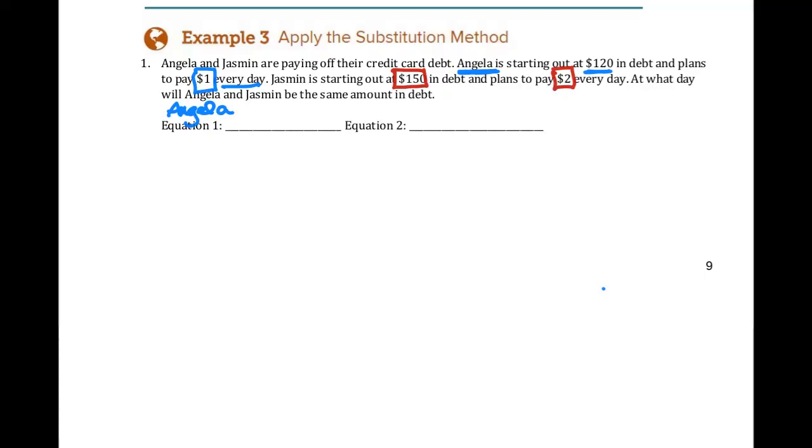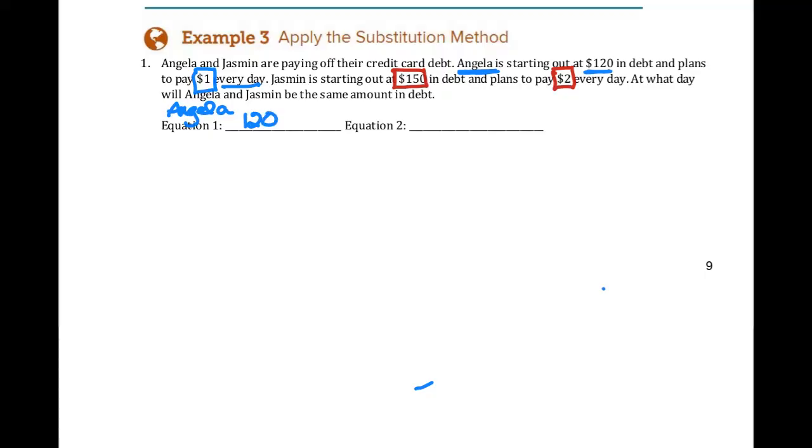So it says Angela is starting out at $120 in debt. Okay? We are talking about debt in general. So since she is starting out at that, let's leave a little space up at the front. So let's put $120.